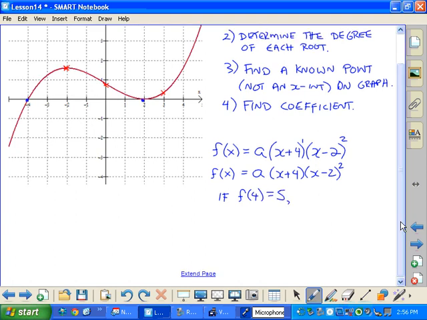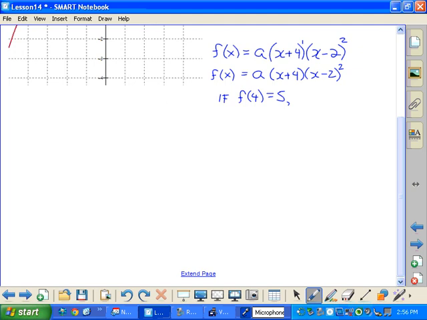I'm now going to do a substitution to solve for a. So I know that f of x is equal to 5. That's the y value. A unknown. My x value is going to be 4. So 4 plus 4, 4 minus 2 squared. So I'm going to have 5 equals a, and I'm going to do a lot of steps here. That's 8. 4 take away 2 is 2, and 2 squared is 4.